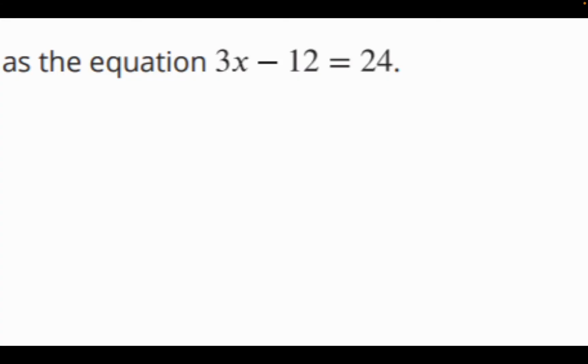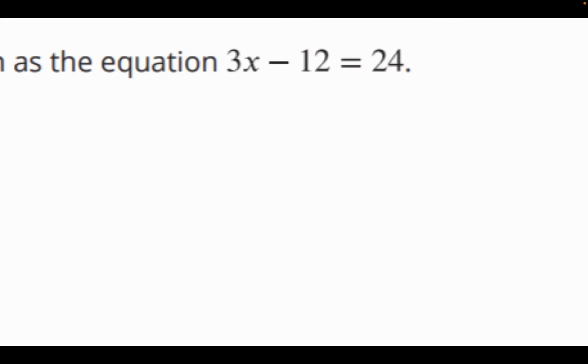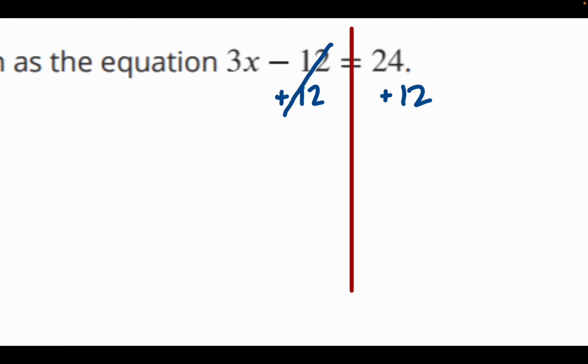So if I added 12 to both sides, plus 12 and plus 12, we can separate our sides of our equation here just to show that I'm solving. Adding 12 to both sides is going to get rid of this 12 on the left and just leave us with 3x. And on the right-hand side, we would have 24 plus 12, which is 36.